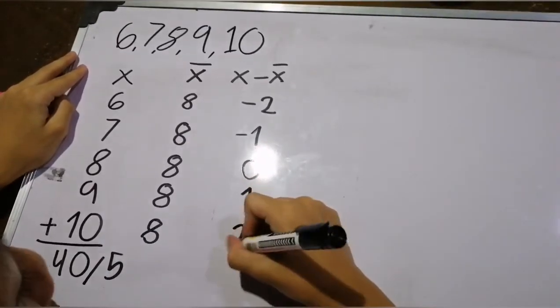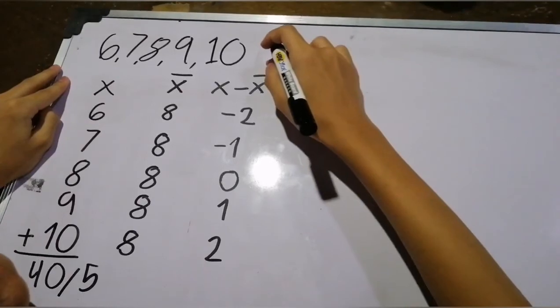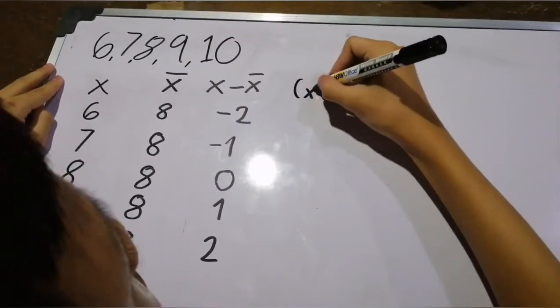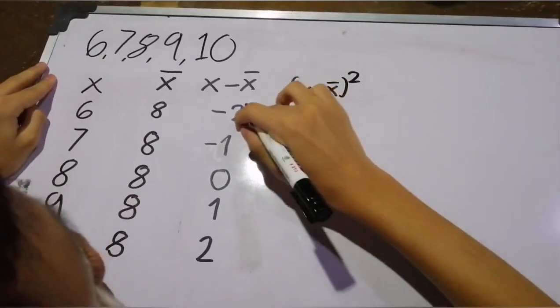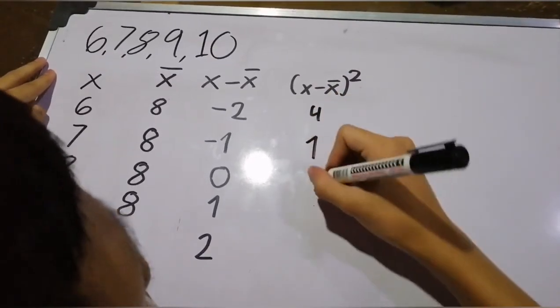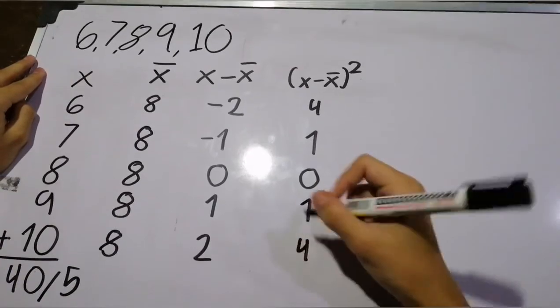Next, you will square each of these, which gives 4, 1, 0, 1, 4.